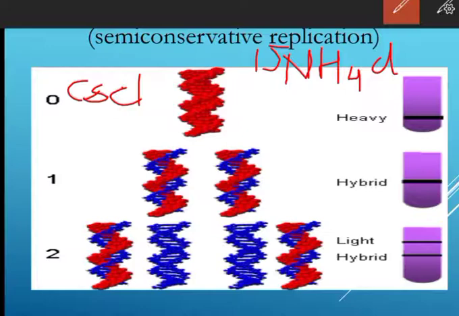Similar experiments on Vicia faba beans were conducted by Taylor and colleagues in 1958 involving use of radioactive thymidine. The results were that the DNA in chromosomes also replicates semi-conservatively. Children, I hope this experiment is clear.